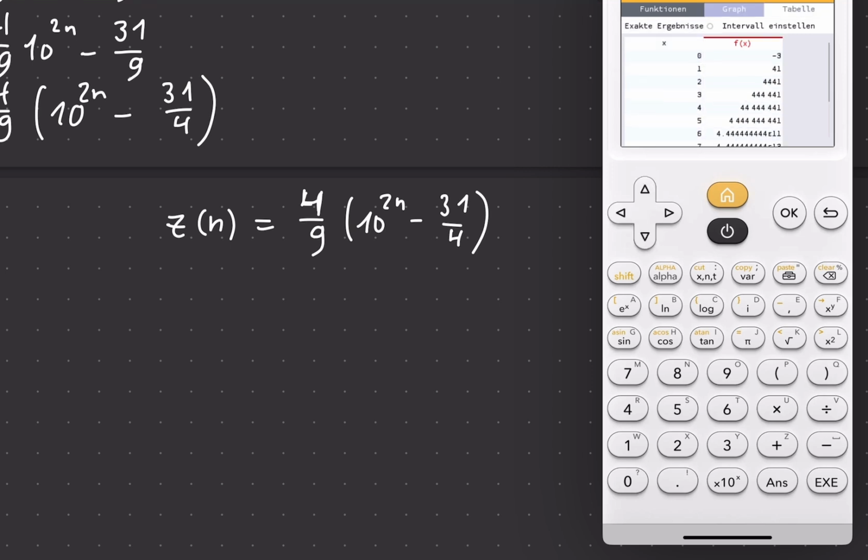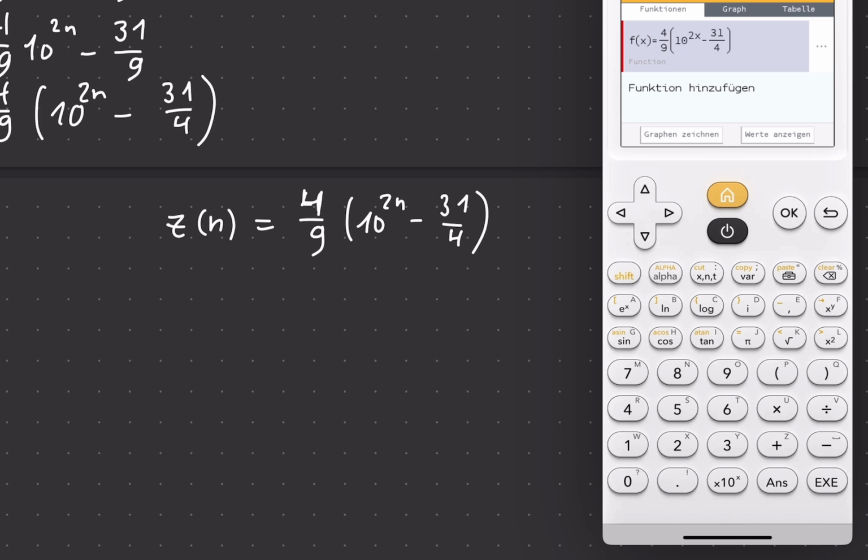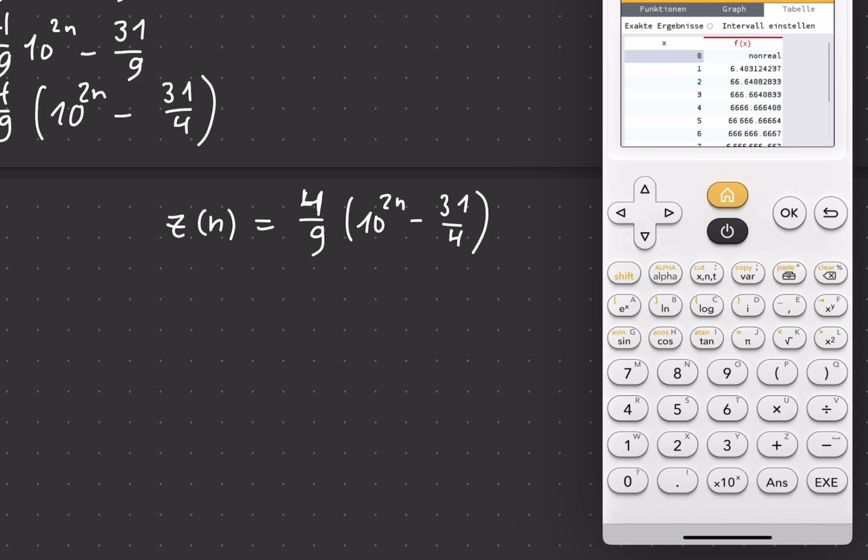And now we can take the square root of all of this to see if we get any natural numbers. So let's see. Well, what do we see? We have these strange 6 and then point something else. So we see a pattern of the square root of z of n always being a bunch of 6's and then some decimal places.